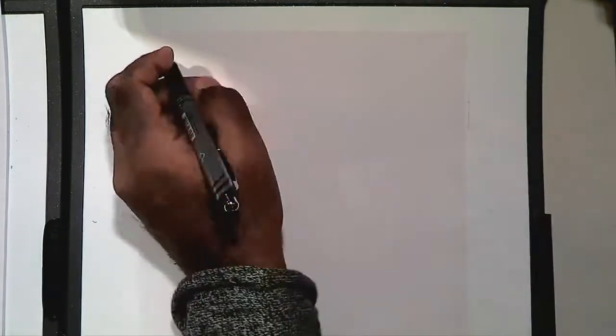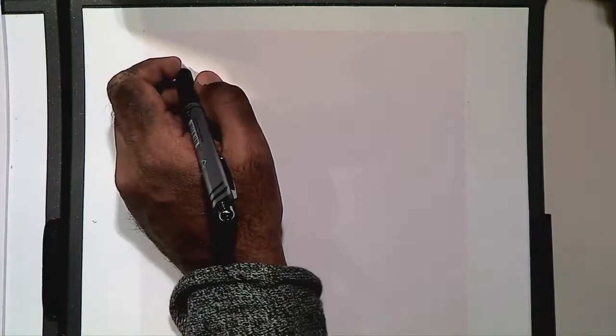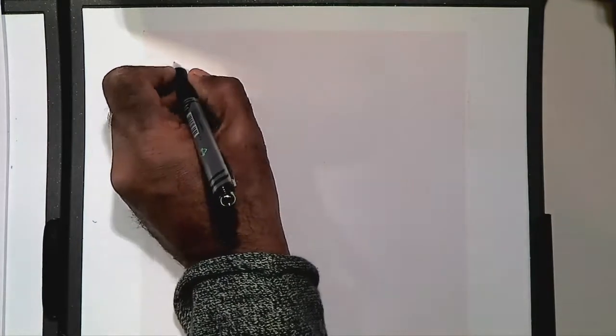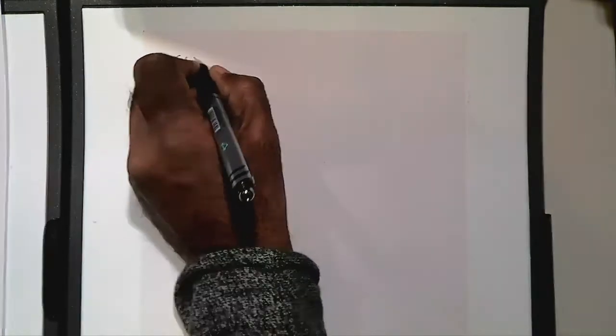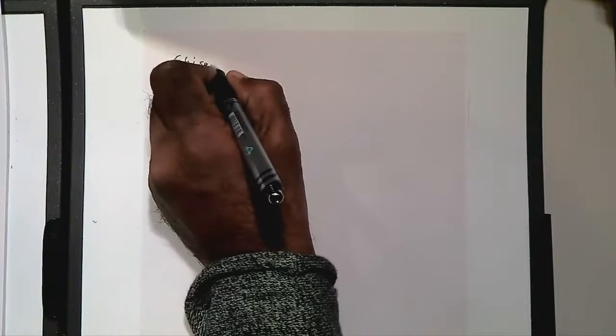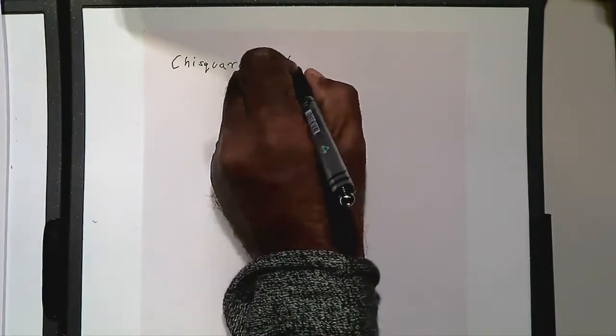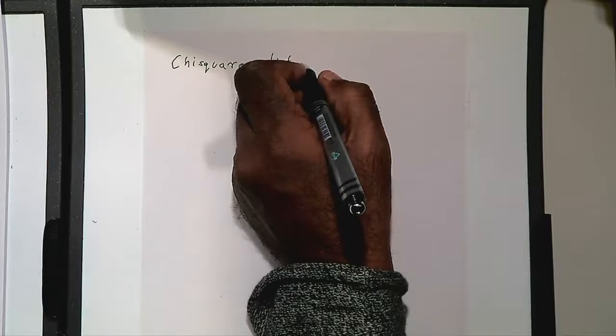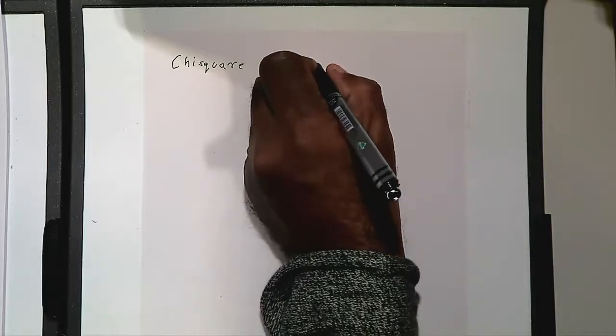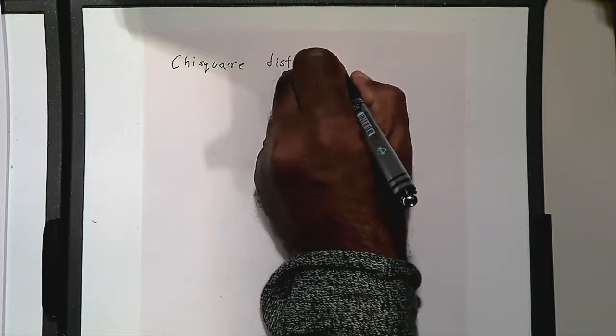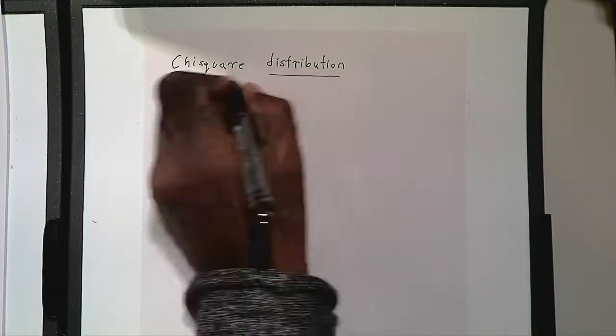Let me start with the chi-square distribution. I don't know whether you covered this in probability 1 or not. Did you do this in probability 1, guys, or no? All right, the chi-square distribution.